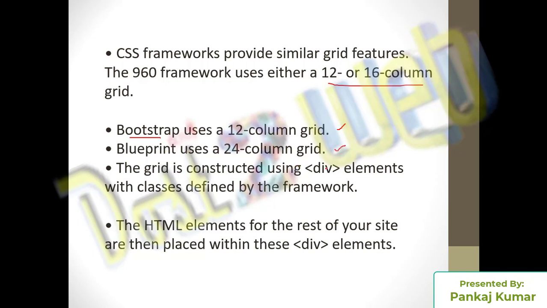The grid is constructed using the division element. As I mentioned, whenever you are going to develop, always use the div tag with a class defined by the framework. And the HTML elements for the rest of your site will be placed within the division element.